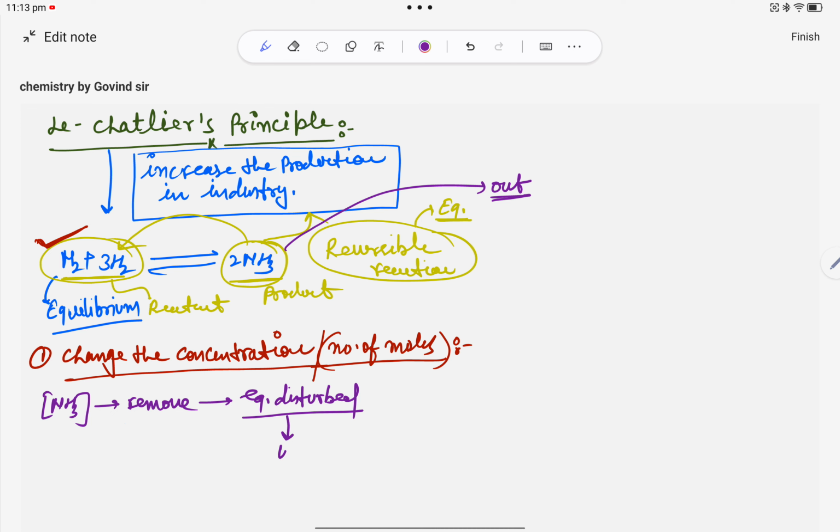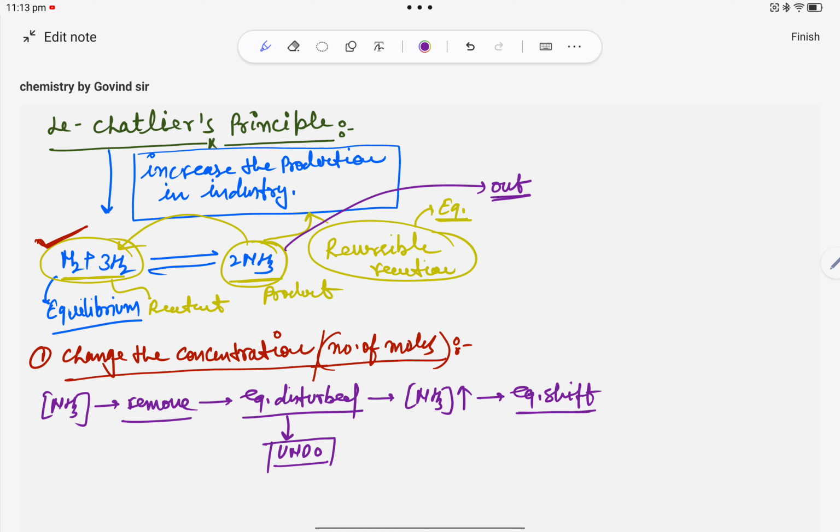Equilibrium wants to undo the change, whatever change you applied. If you remove ammonia, it means you decrease the concentration of ammonia. So the equilibrium wants to increase the concentration of ammonia. Then the equilibrium will shift.